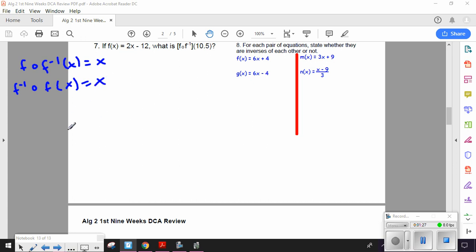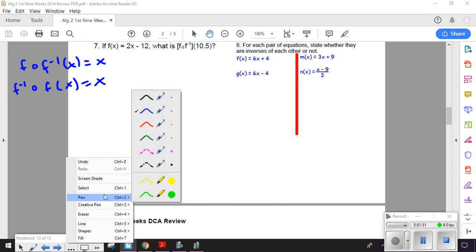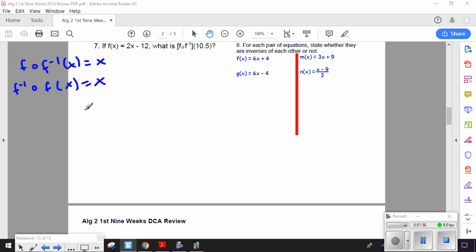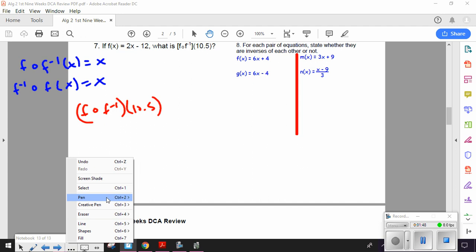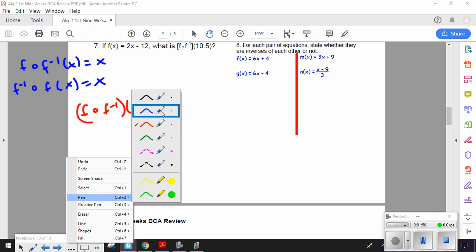So with that being said, if you were to mirror that with the current problem on our hands, f composition f inverse of 10.5, we're telling you that 10.5 takes the place of x.